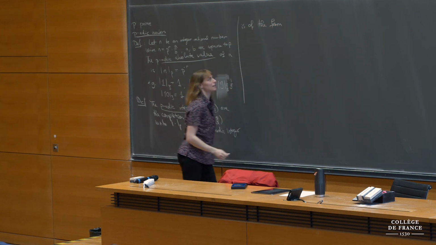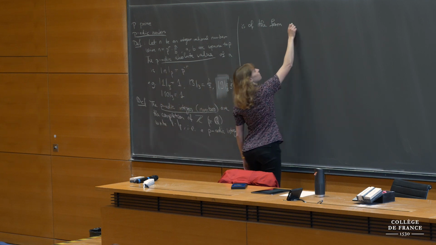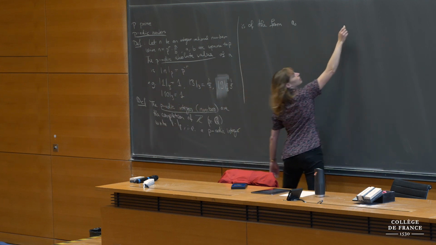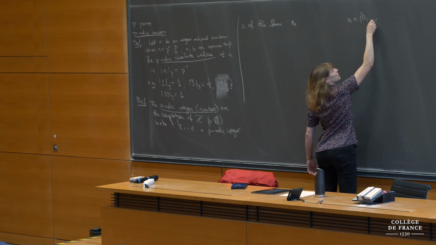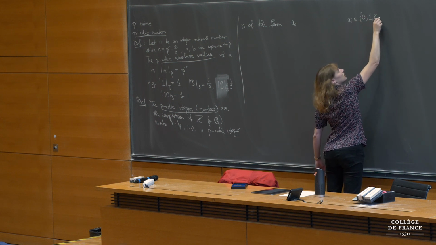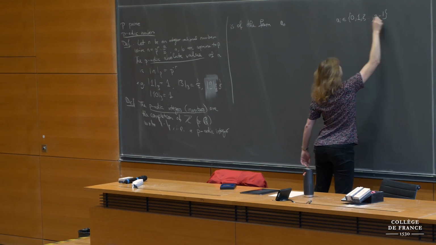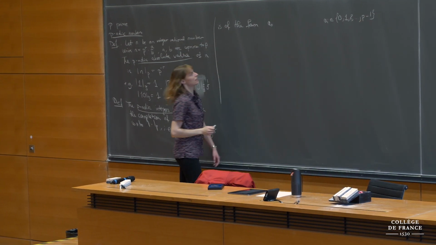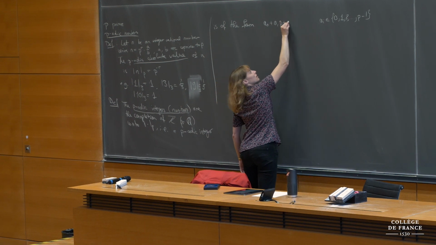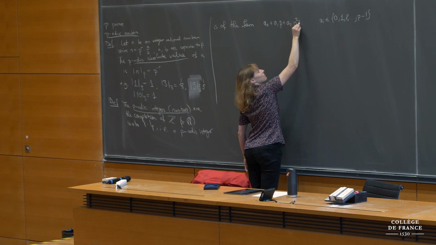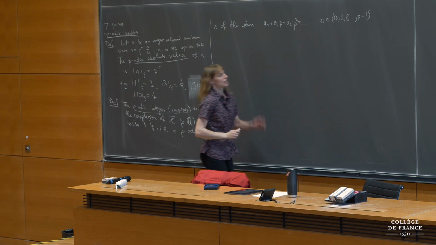So we can just write it as a power series in p. It's of the form a_0 + a_1 p + ..., with all the a_i being some numbers between 0, 1, up to p minus 1. And so we can write every p-adic integer in the form a_0 plus a_1 times p plus a_2 times p squared, and so on, going off to infinity.